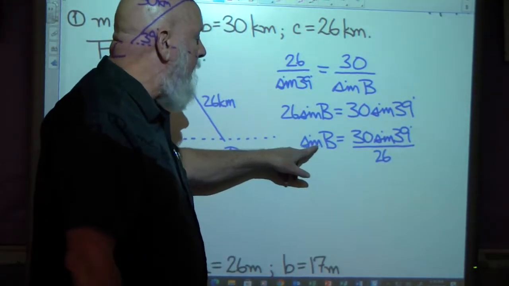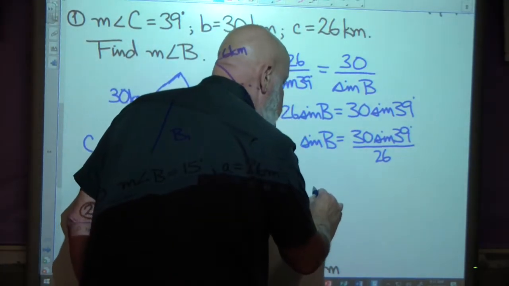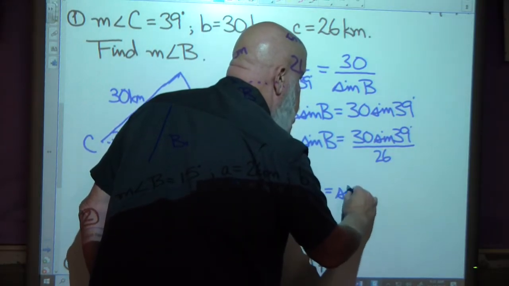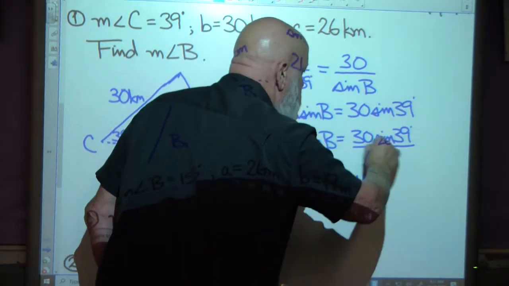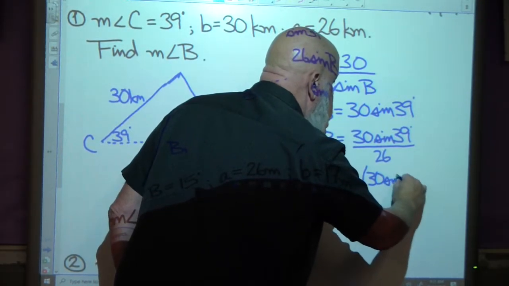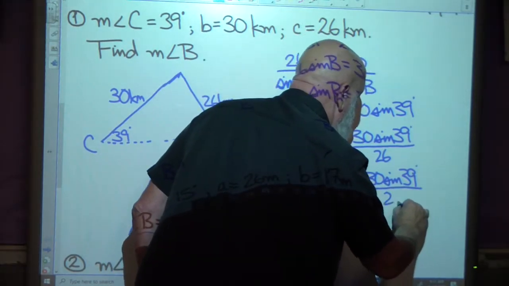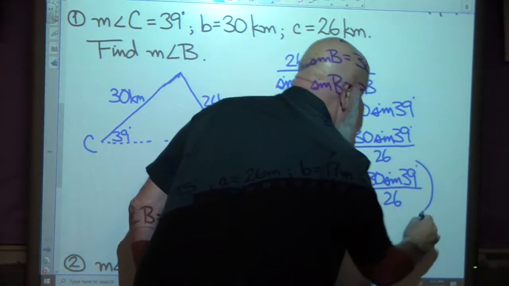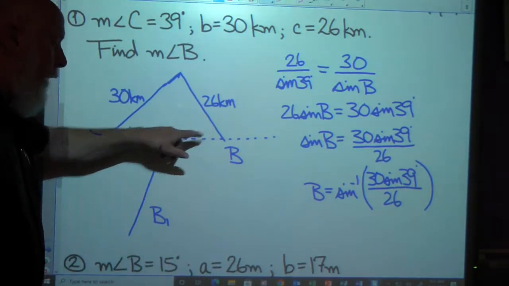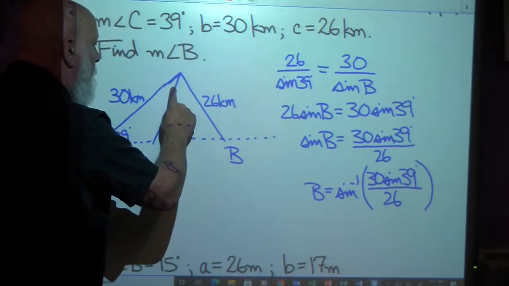And now I don't want sine B, I want B. So I'm going to take the inverse sine of both sides of this mess right here. Okay, and that will give me this angle. And once I know this one, I automatically know this one.